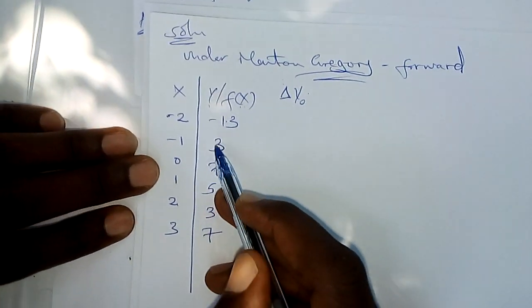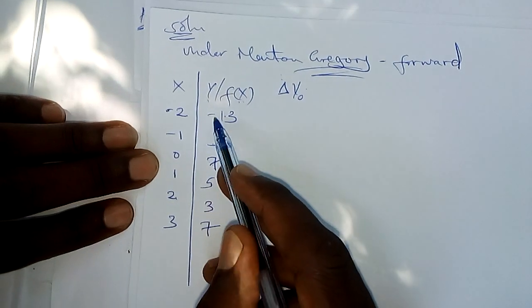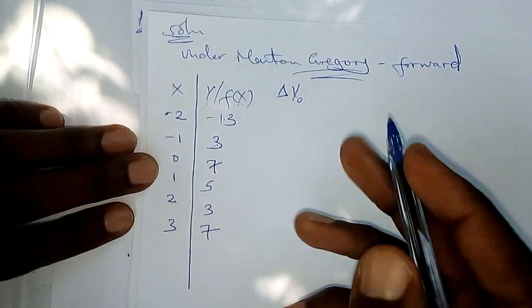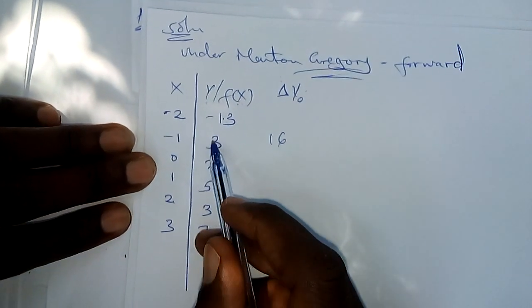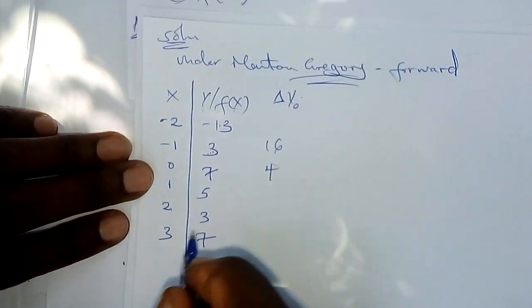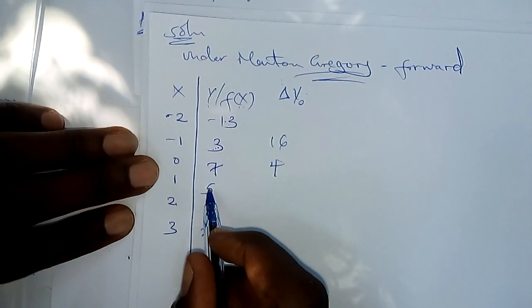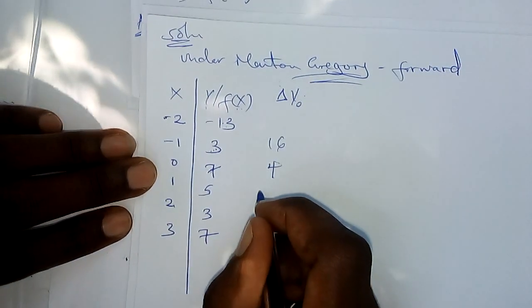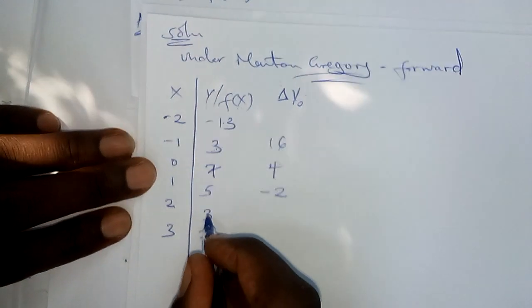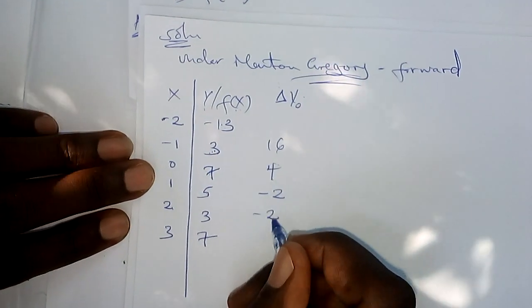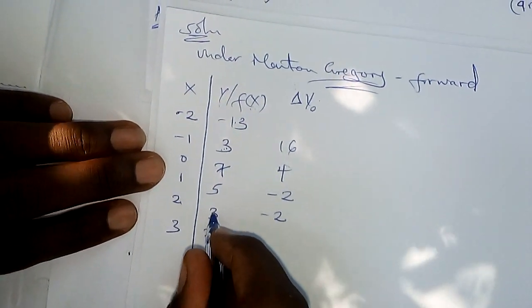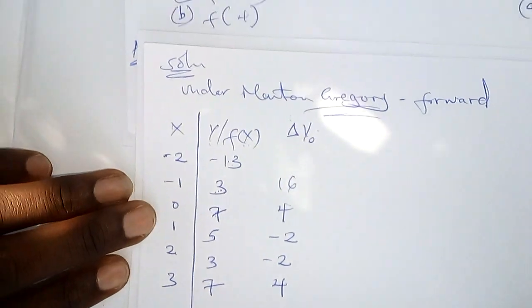So it is 3 minus -13, which is 16. When you take 7 minus 3, we have 4. If we take 5 minus 7, we have -2. If we take 3 minus 5, we have -2 again. If we take 7 minus 3, we have 4. Good.